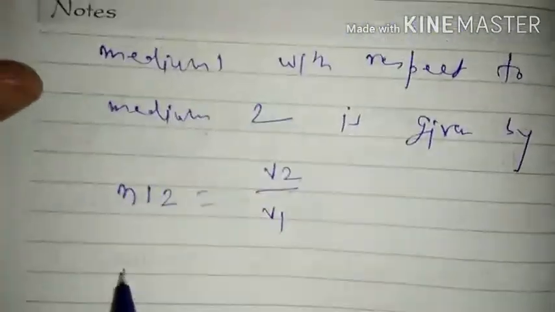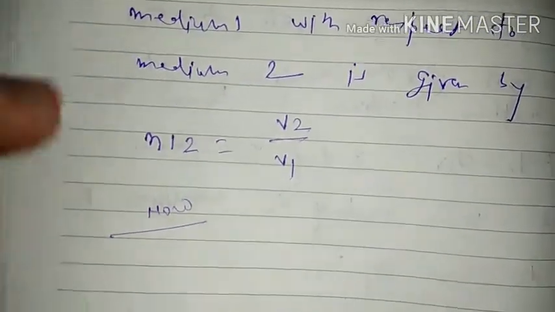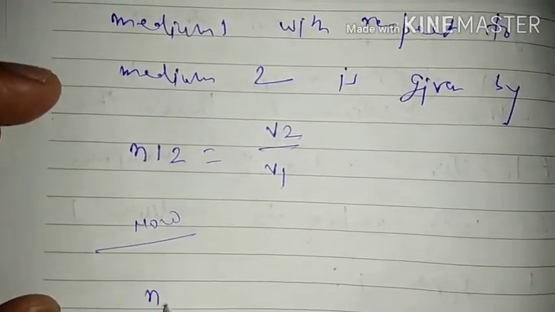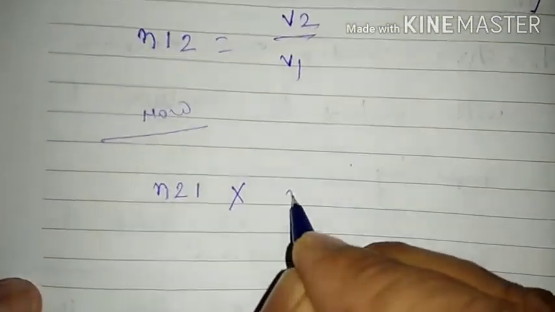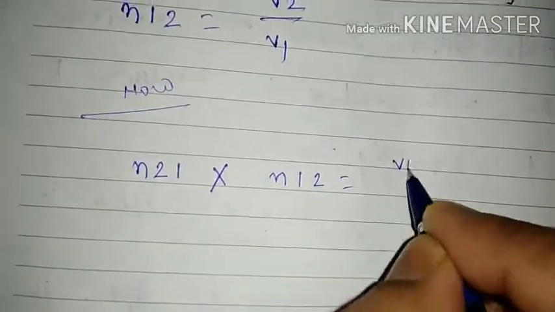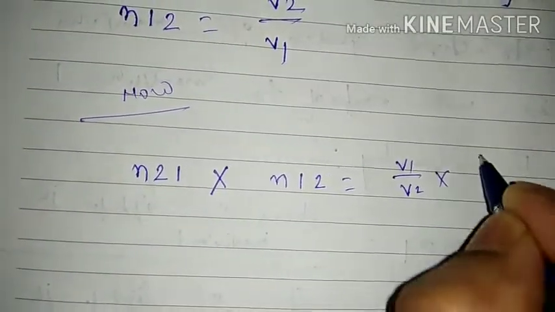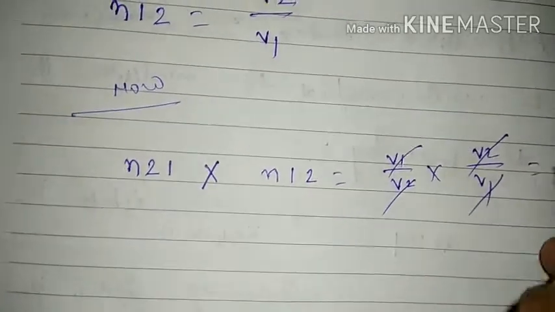Now what we can say, if we multiply both of these, that is the refractive index of medium 2 with respect to 1, into the refractive index of medium 1 with respect to 2, this is equal to V1 by V2 into V2 by V1, which cancels and becomes 1.